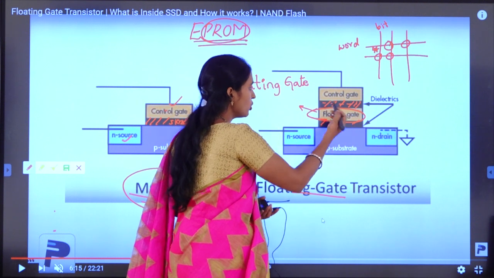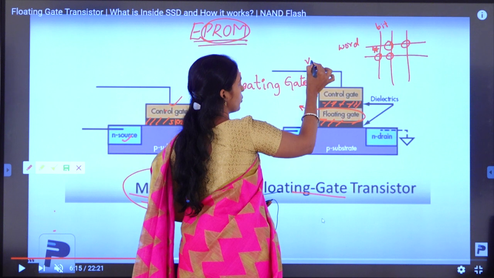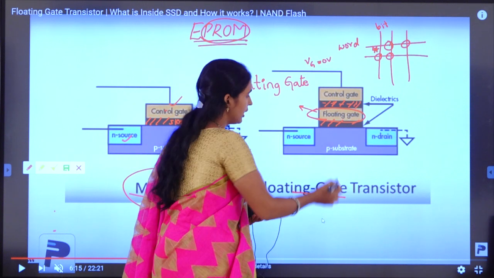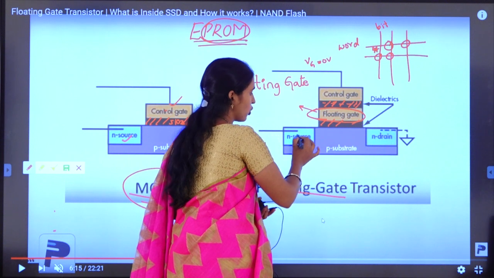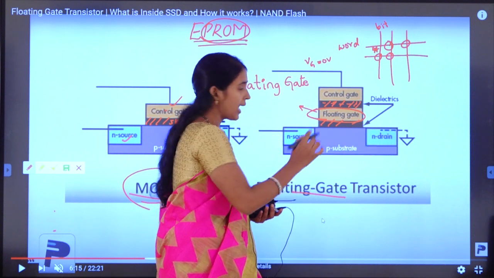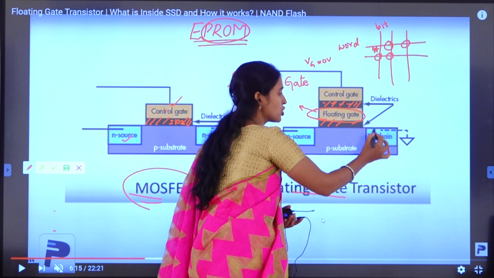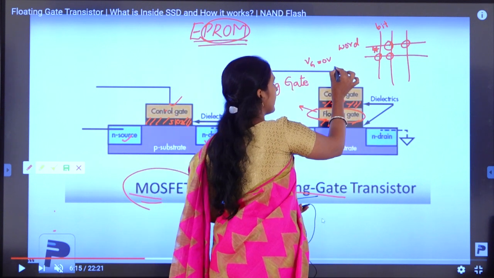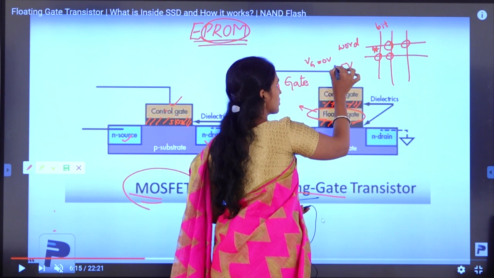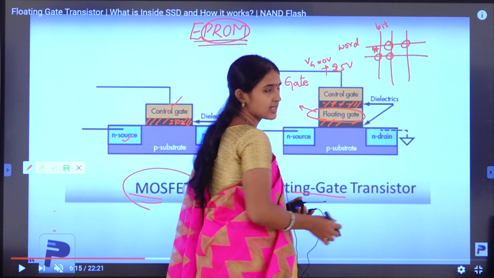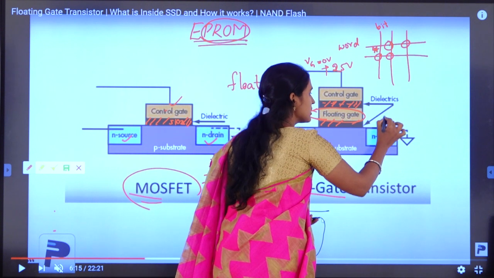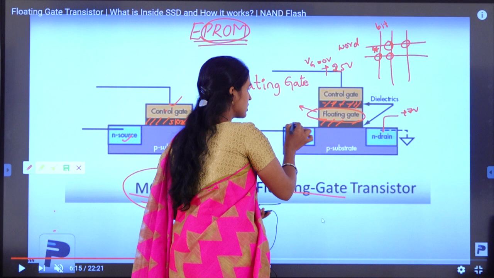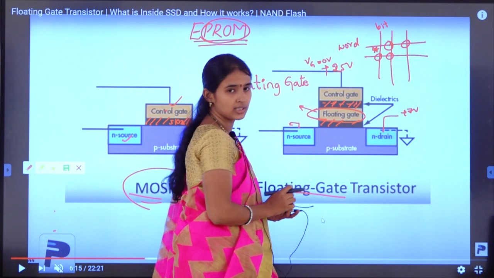When you apply a gate voltage, suppose the gate voltage is 0 volts, what happens? No electrons start flowing from source to drain, so there is no current. If I provide a gate voltage of plus 25 volts as well as some drain voltage, suppose plus 7 volts, with the source grounded, what happens now?